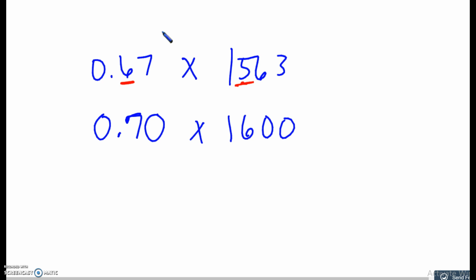And then we would go ahead and find the product. We will multiply, and you can put it in your calculator or you can multiply it by hand. And you would find that the product is 1,120.